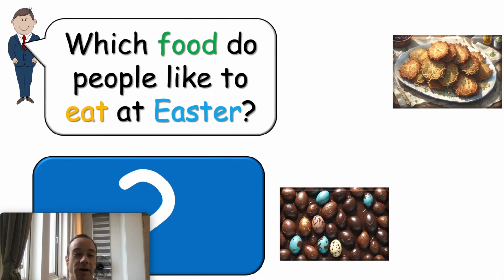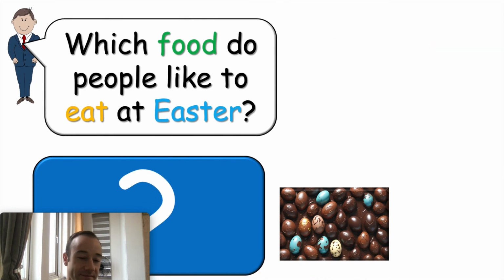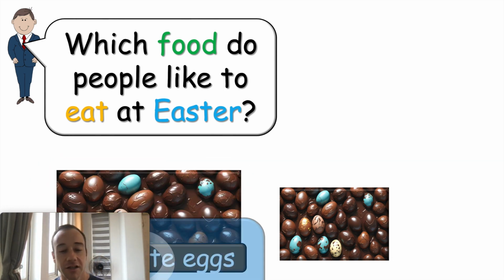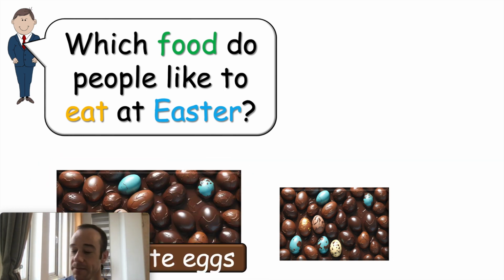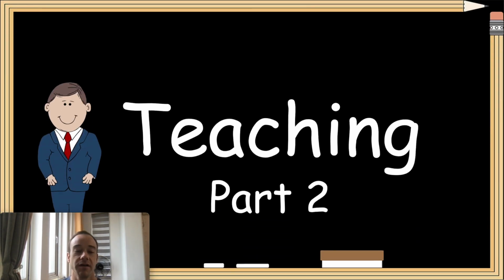By the last one, there's only one left. You don't have to play the last one as a guessing game, obviously, because there's nothing to guess now. They know what it is. You can still have the whole class say it: chocolate eggs. And then go on to teaching part 2.